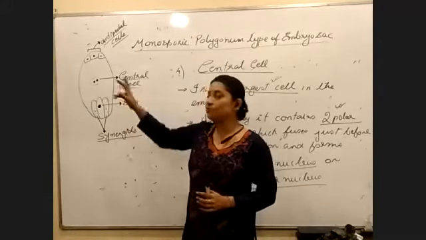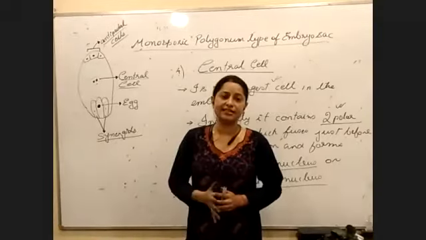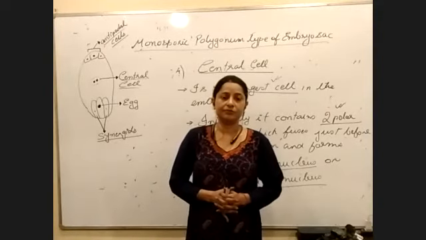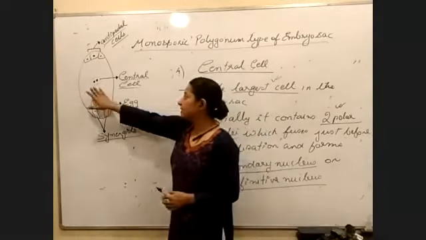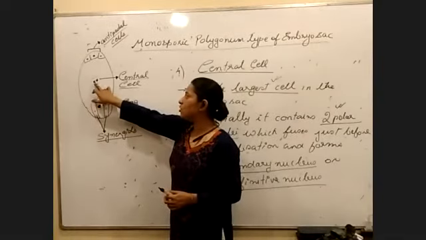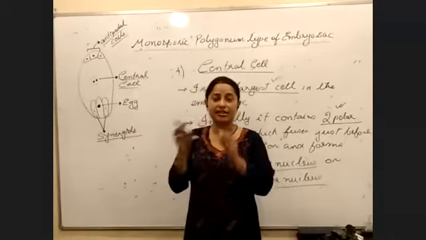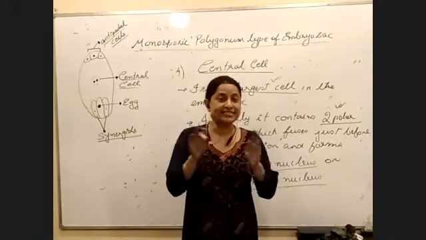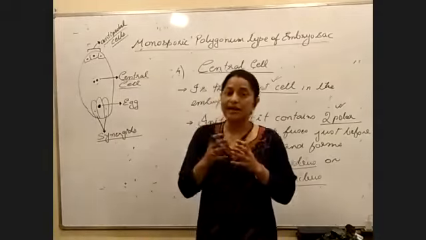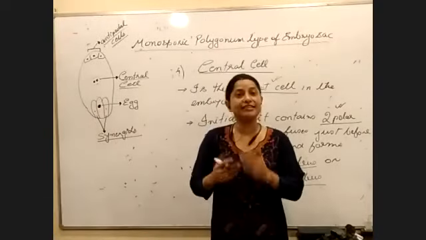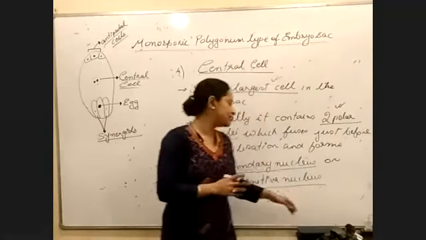This diagram represents the presence of two polar nuclei because they are in an unfused condition. There are two nuclei that are separate, right? When they come together and fuse, after that we will use the term secondary nucleus.